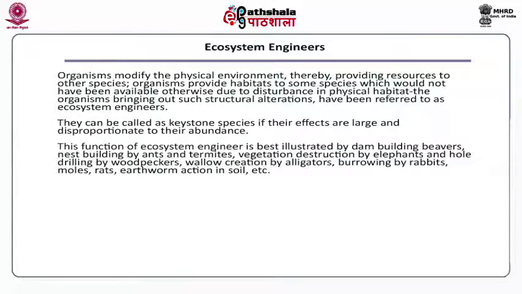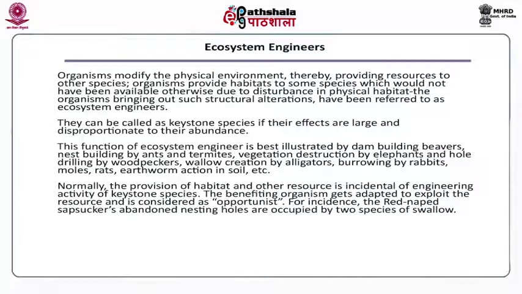This function of ecosystem engineers is best illustrated by dam-building beavers, nest building by ants and termites, vegetation destruction by elephants, hole drilling by woodpeckers, wallow creation by alligators, and burrowing by rabbits, moles, rats, earthworm action in soil, etc. There are so many examples of ecosystem engineers.